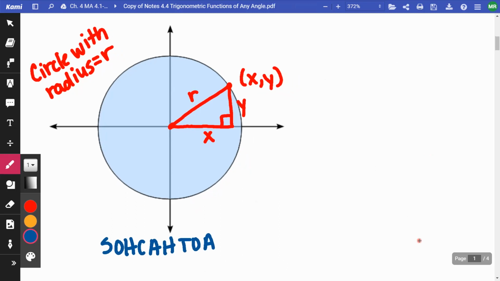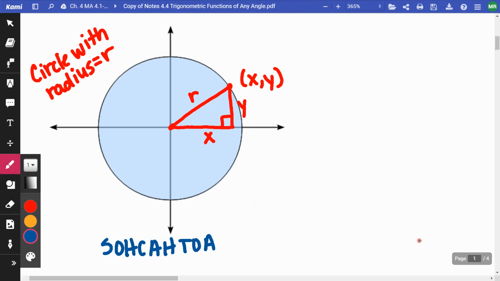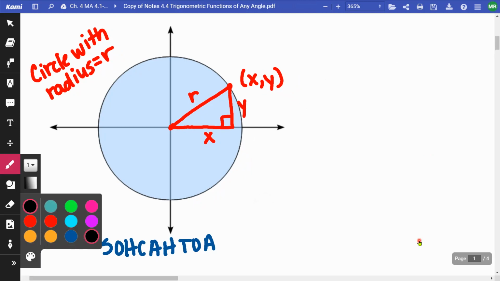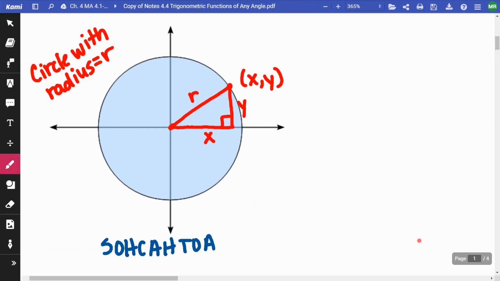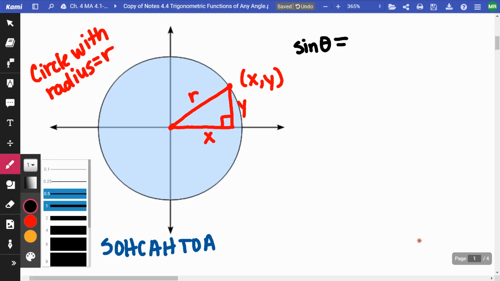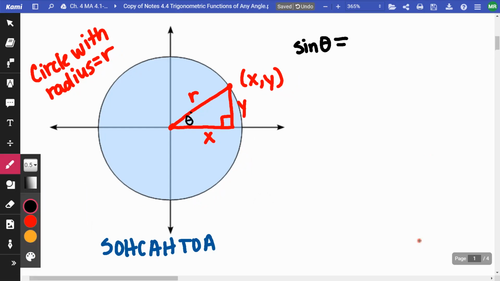So again, when I'm doing this, I know that my sine of theta, if this is my theta here, is going to be opposite over hypotenuse. So opposite is y, but this time my hypotenuse is r. So it's y over r.